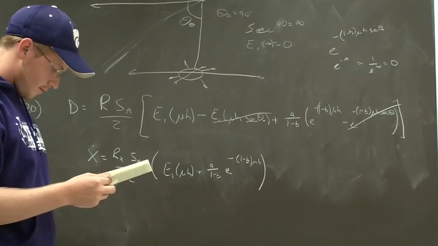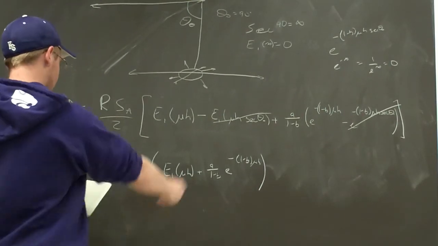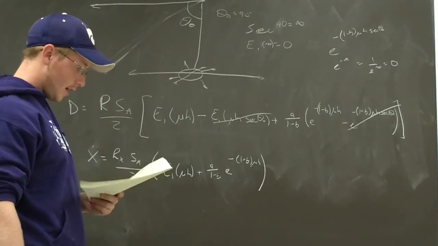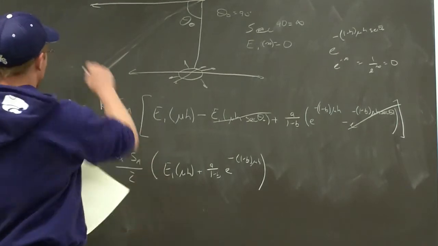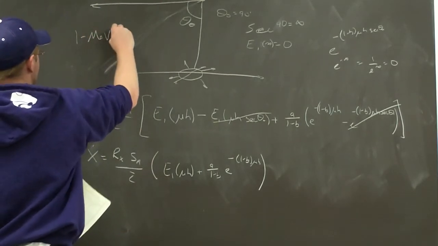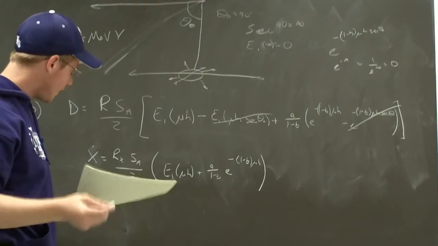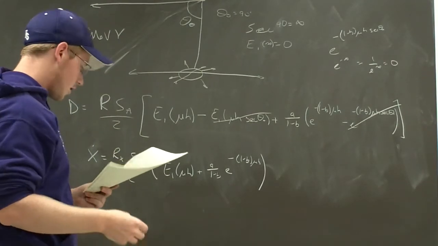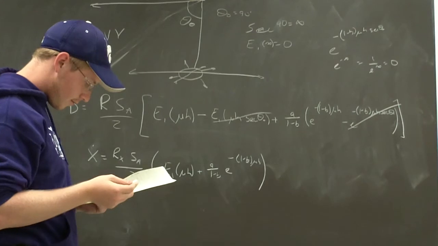So you get some constants for these. You find A, you find B. It's air, it's 1 MeV photons. I didn't write that. 1 MeV photons. You find A, you find B, you find mu, find the response, all these values.